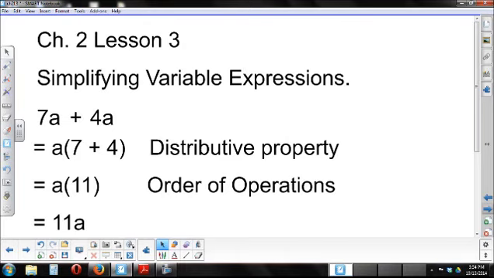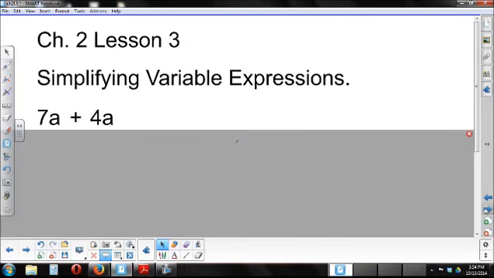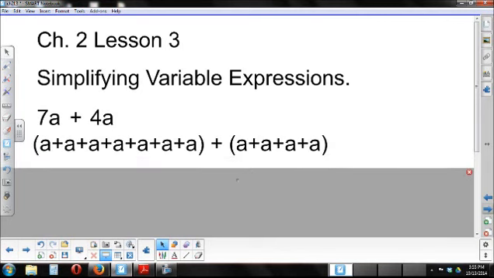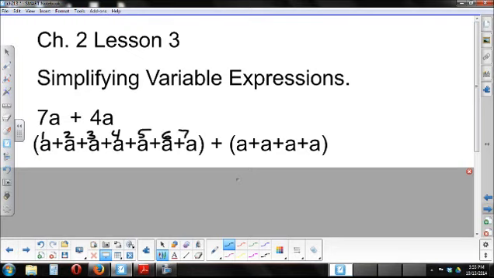Let's look at another way. In this instance, we're going to understand that multiplication is repeated addition. So 7a plus 4a really equals 1, 2, 3, 4, 5, 6, 7 a's plus another 1, 2, 3, 4 a's.